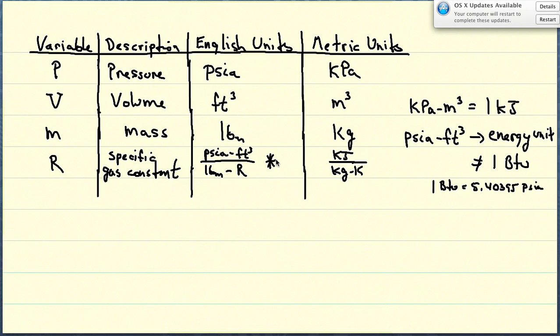So again, it's not one-to-one. Nothing in the English system is ever one-to-one like it is in the metric system. Which is not a problem, we just have to remember to rely upon our conversion factors when dealing with English units.